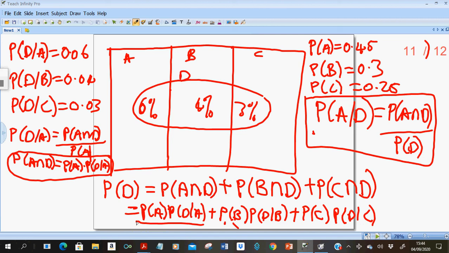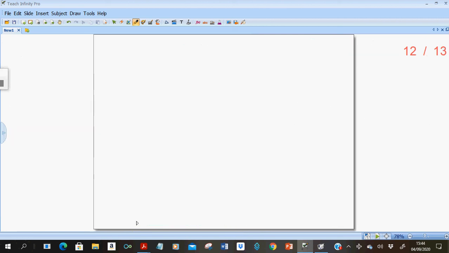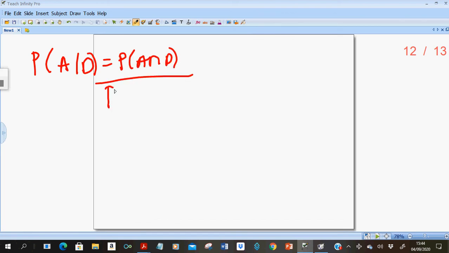So let's rewrite. Therefore, the probability of A given D is the probability of A intersection D over the probability of D. But what is the probability of A intersection D? We are not given. So we replace it with the probability of A multiplied by the probability of D given A. And the probability of D as well, we are not given.